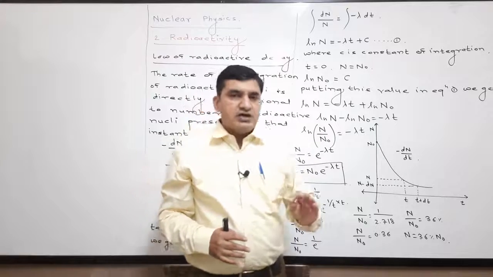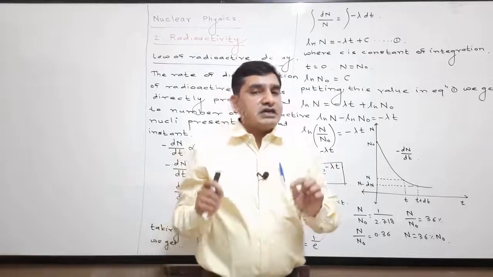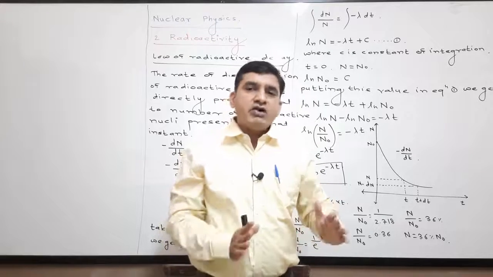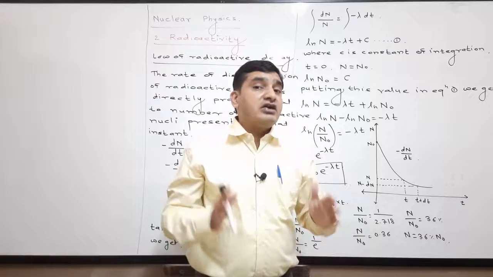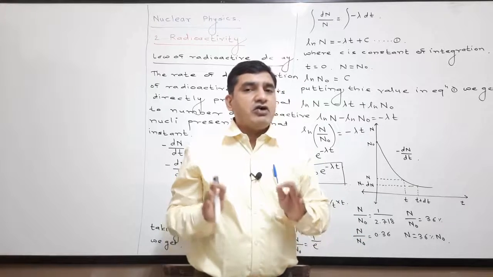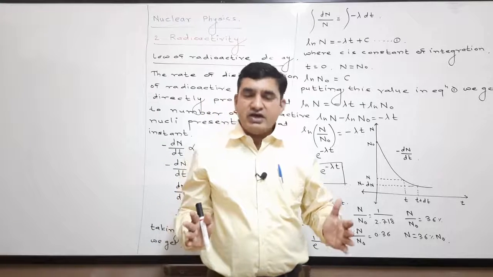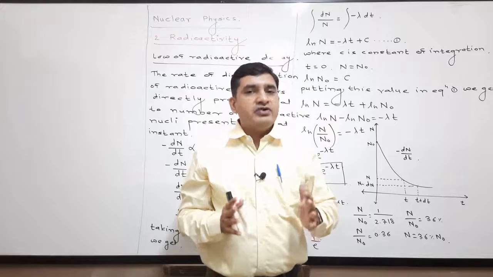If the decay constant is the reciprocal of a time, then the number of radioactive nuclei remaining is 36% of its original value. So this is related to the law of radioactive decay.